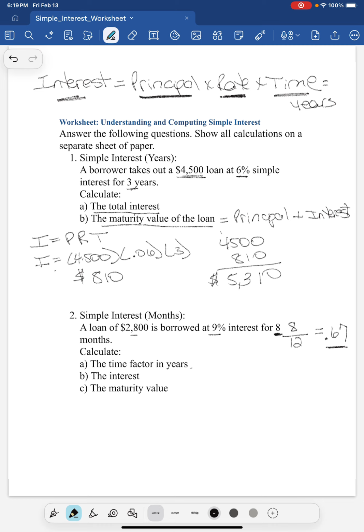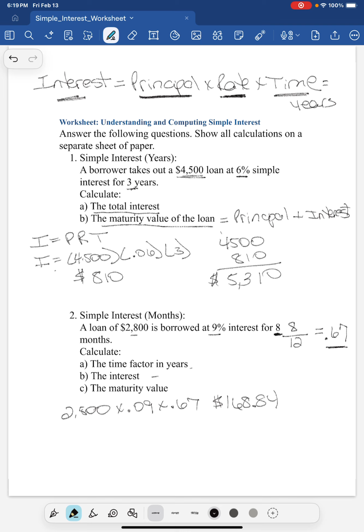So now we find our interest just the same way. It's equal to our principal, which is $2,800, times 0.09, which is our interest rate, times 0.67, which is our time factor. So 2,800 times 0.09 times 0.67 is equal to $168.84.